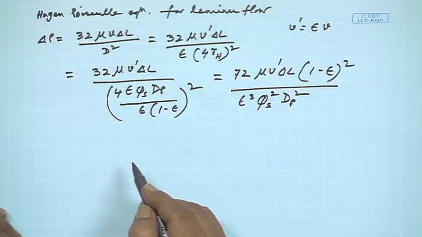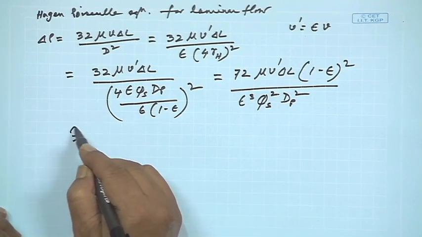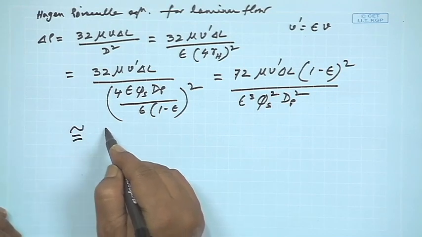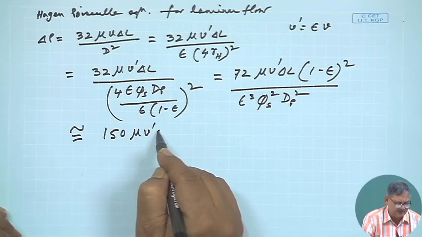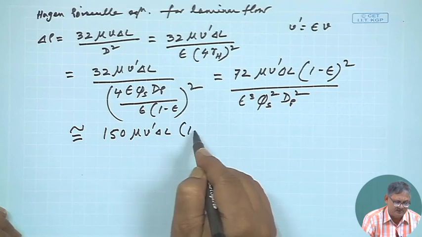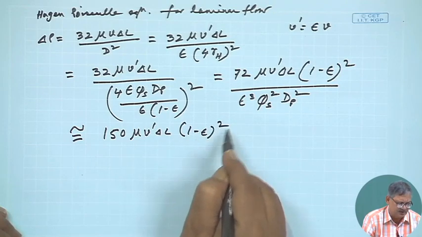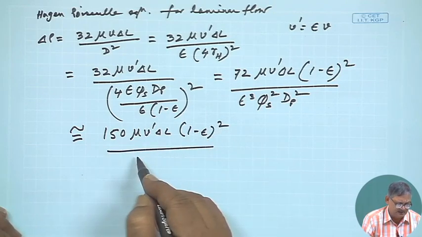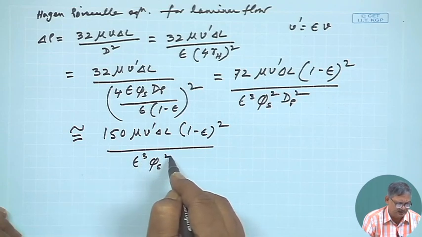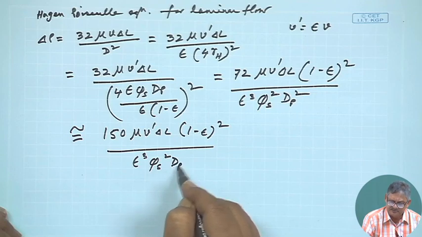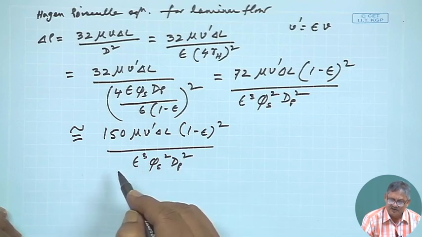Now this can roughly be written as 150 mu V prime delta L into 1 minus epsilon square divided by epsilon cube phi S square dP square, right.